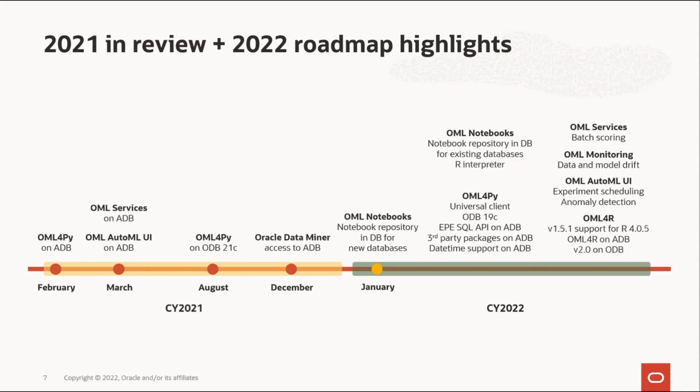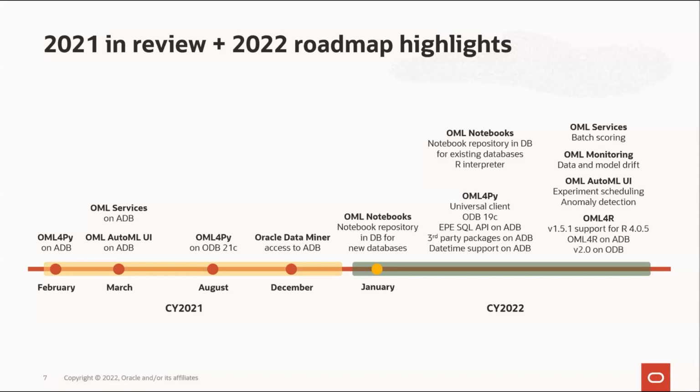OML for Pi will also be enhanced to support date-time data types, initially on Autonomous Database, and then introduced for on-premises and DBCS databases as well. In OML Services, we're adding support for in-database batch scoring, so you can use the same REST API as for singleton and small batch scoring, doing this at scale in the database.